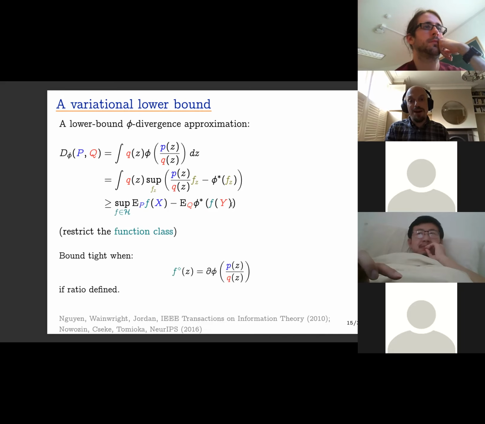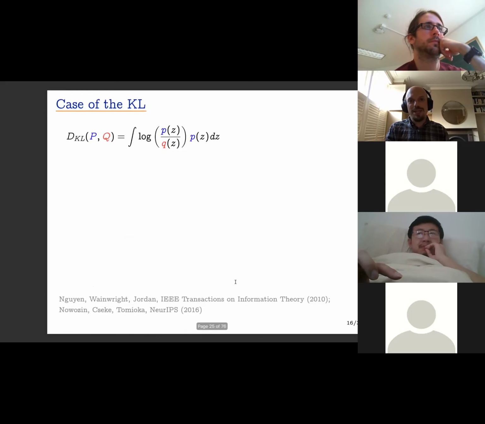Okay, now the bound can be tight if my set of functions, calligraphic H, is rich enough. In particular, it needs to include the derivative of phi, I'm assuming here that phi is differentiable, evaluated at p on q. So if my f is rich enough to contain this, then I'm going to be able to get a tight bound. Okay, so let's see what happens when we use the KL.